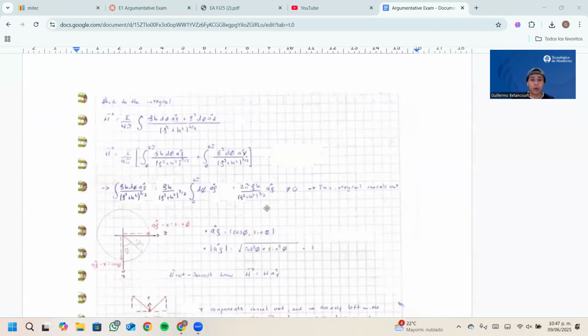And then we solve it, and we know that this is not equal to zero, so we know that this integral cancels out.